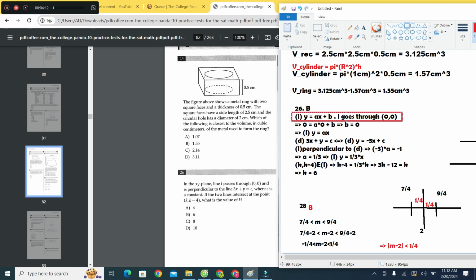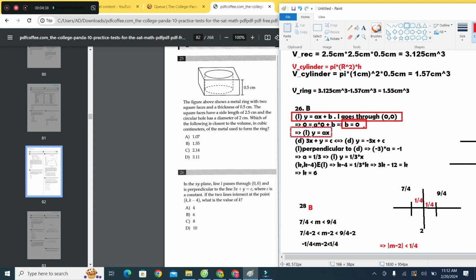A times 0 is 0, and so 0 equals b, which means b equals 0 as well. So when we substitute 0 back into the equation of L, L has the form y equals ax. Alright?